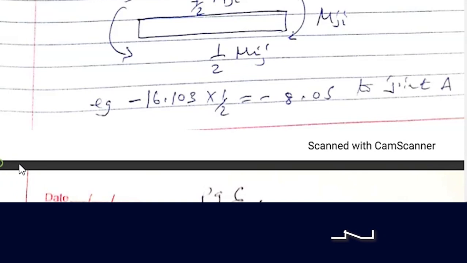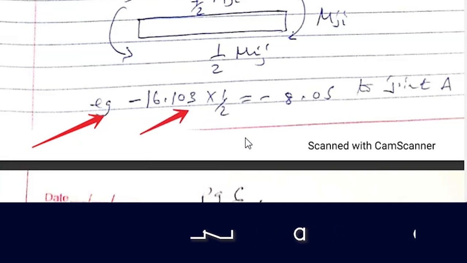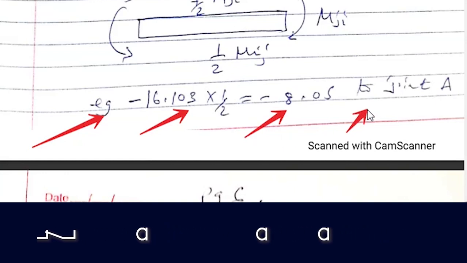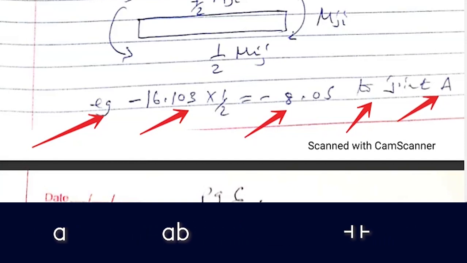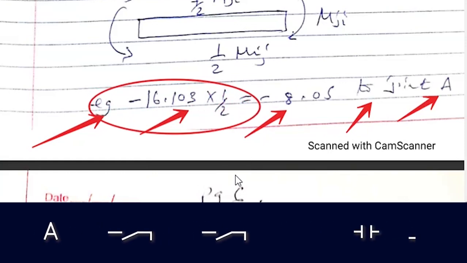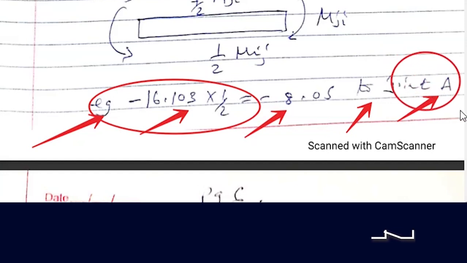Negative 16.103 times a half is negative 8.05, to be transferred or carried over to joint A, which is the left one, since this moment is from the left. The same is transferred to that joint; it is carried over. That is what we call the carryover moment. The same applies.